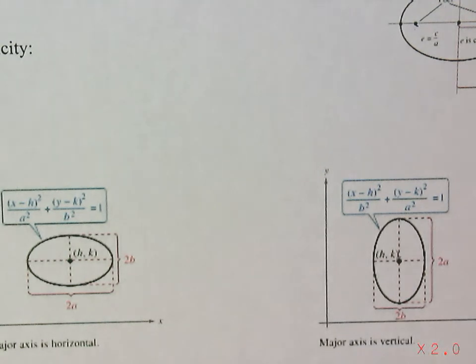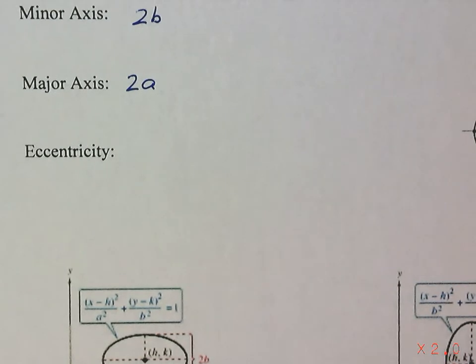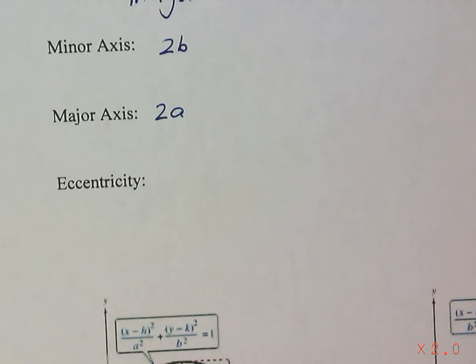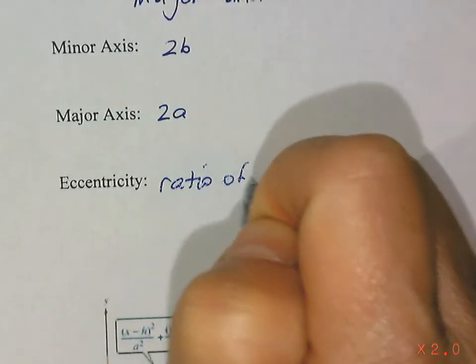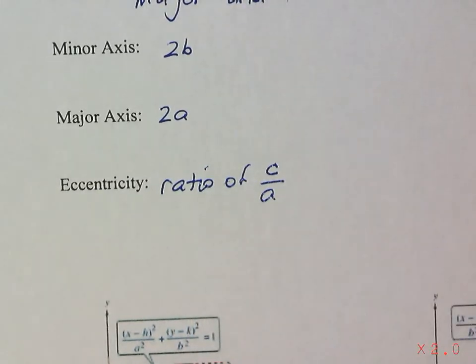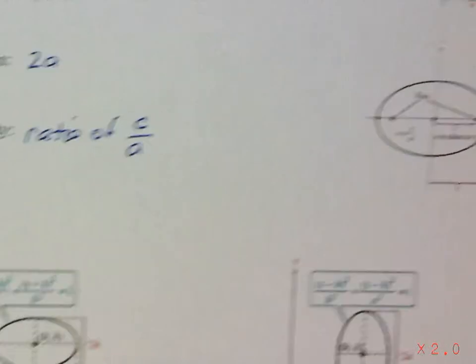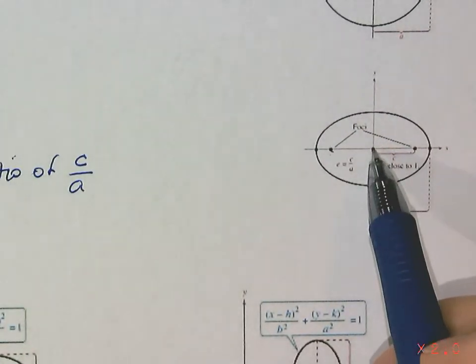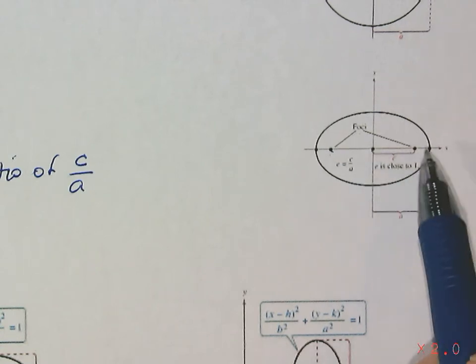The only other thing that occurs is this idea of eccentricity. Eccentricity is going to be a ratio of c divided by a. And if you think about it a little bit, c is this distance from the center to the focus point, and a is the distance from the center out to the end.